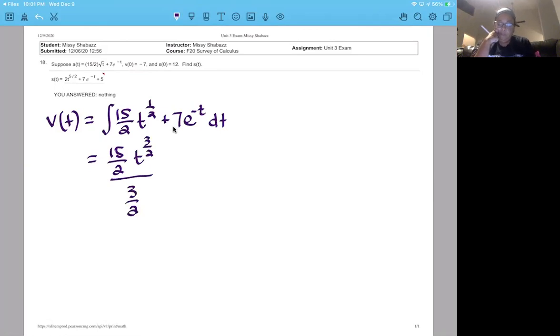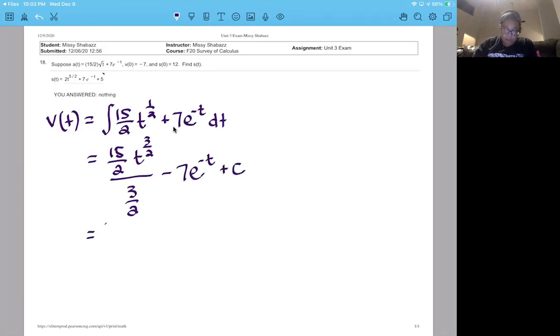Now I'm going to divide e^(-t) by the derivative of the exponent, which is -1. So I'm going to divide by -1, making that negative 7e^(-t) plus a constant.